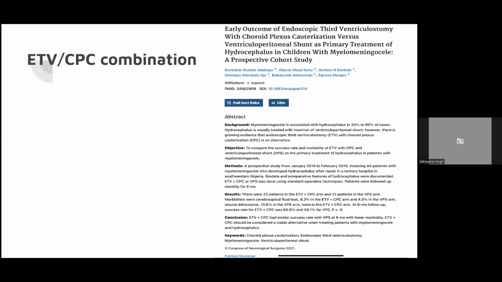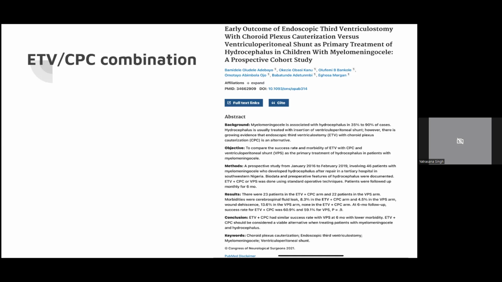I inserted a screenshot of an abstract done by Adebayo et al., where he spoke about early outcome of endoscopic third ventriculostomy in combination with the choroid plexus cauterization versus just ventriculoperitoneal shunt as primary treatment of hydrocephalus in children with myelomeningocele.